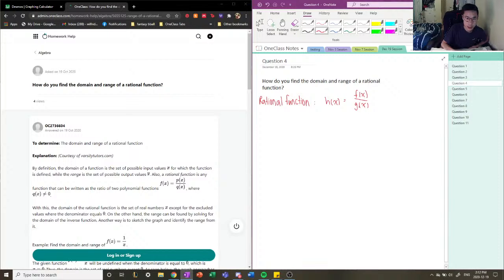So in this case, the domain will be x belongs to any real number except for values of x where g of x is equal to 0.